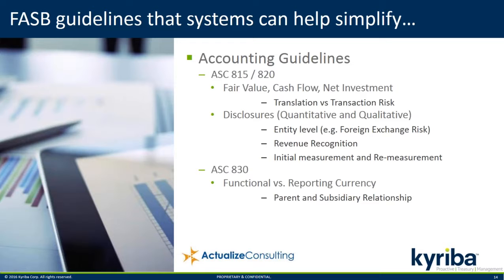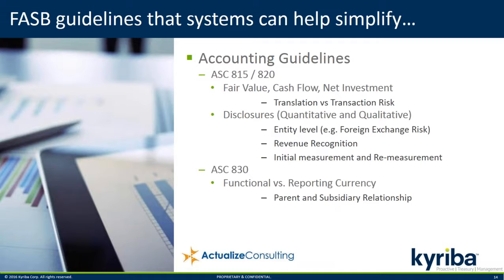Treasury management systems can really help users simplify the accounting of complex transactions through increasing the automation and increasing the transparency associated with these transactions. Traditionally, companies have two general types of risk that they'd like to hedge from an FX perspective. One would be transaction-based risk, one would be translation-based risk. On the translation side, we're really talking about equity in a subsidiary that we want to hedge.